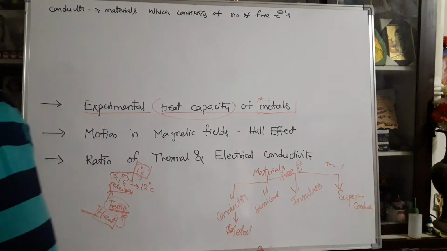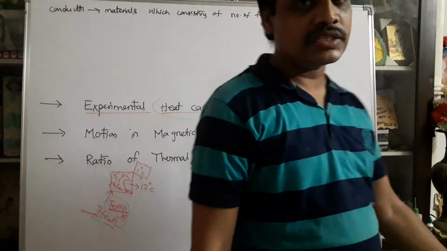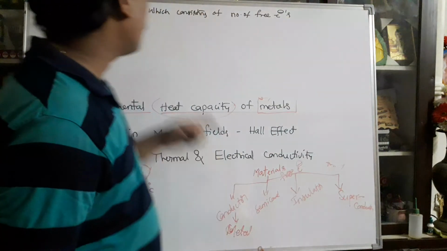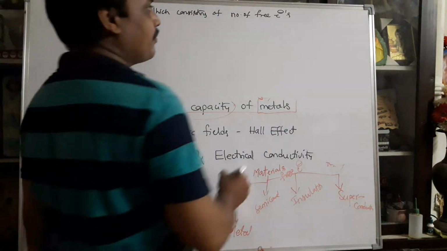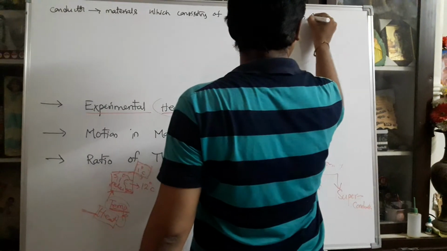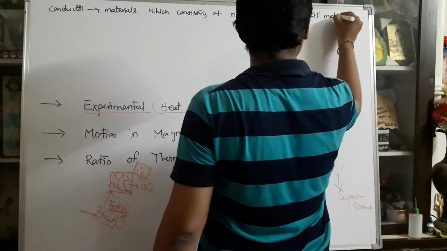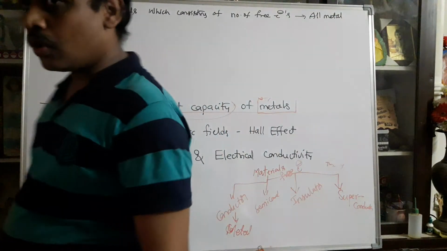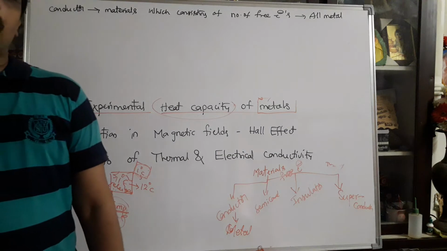Those materials having the number of free electrons in a high state can be called conductors. The best example for conductors is all metals in nature, any metal as you wish: iron, cobalt, copper, nickel.